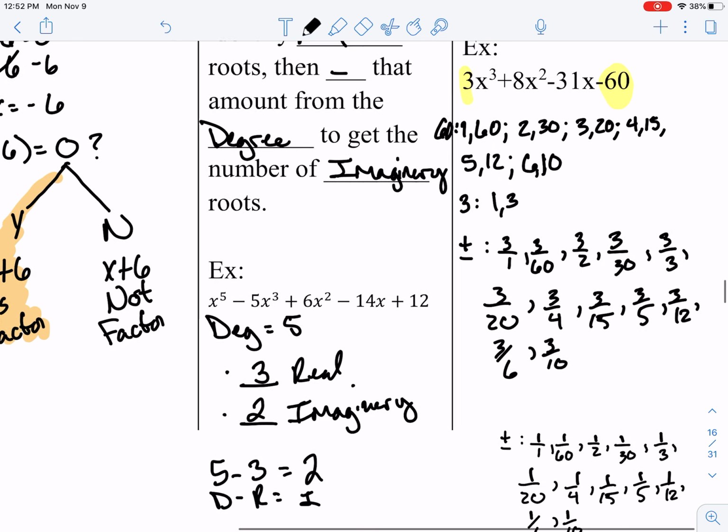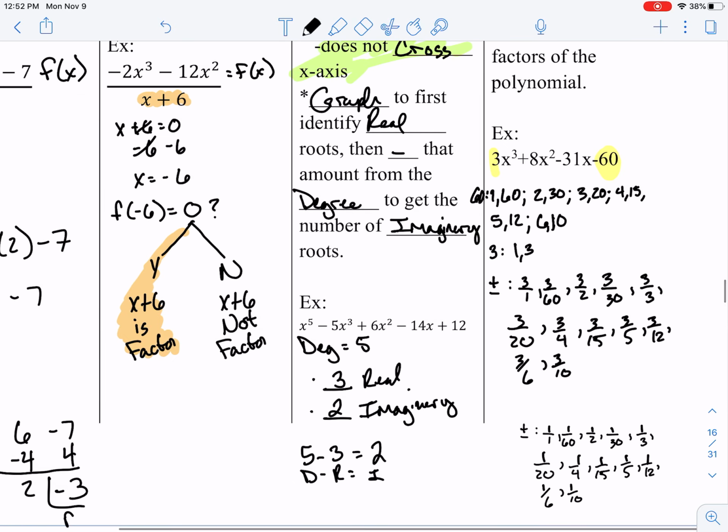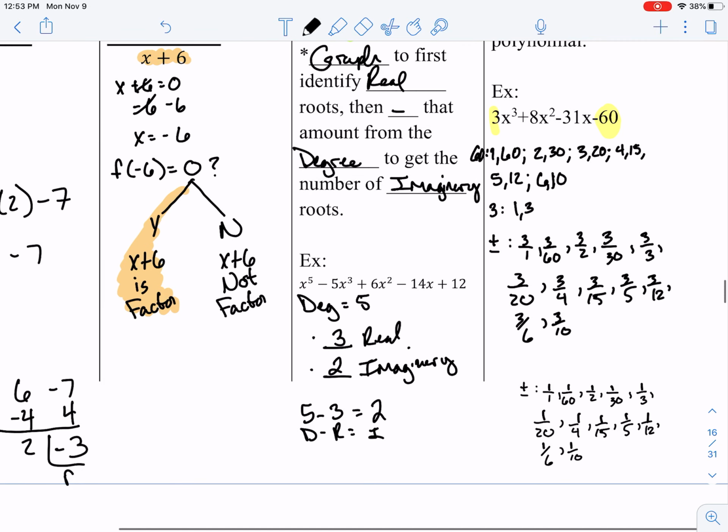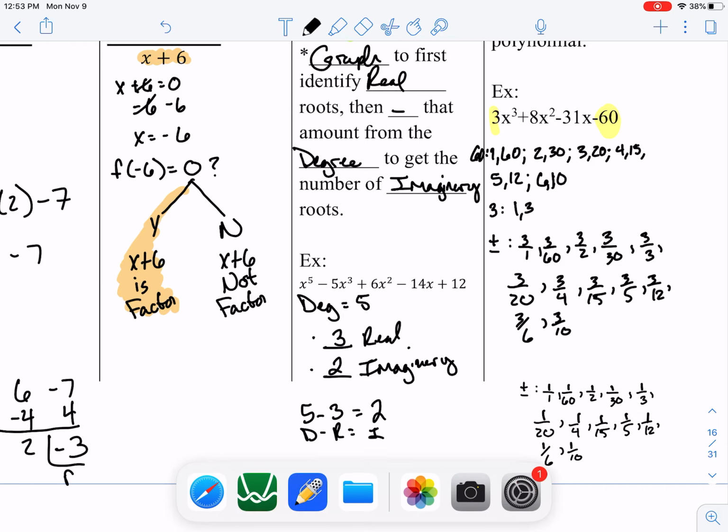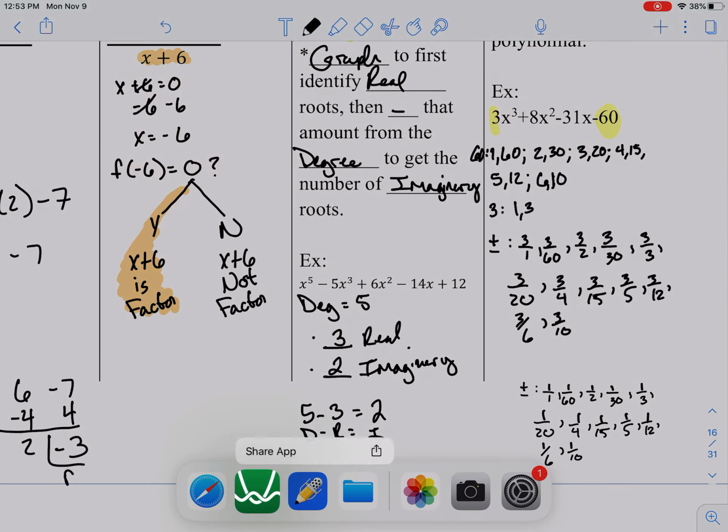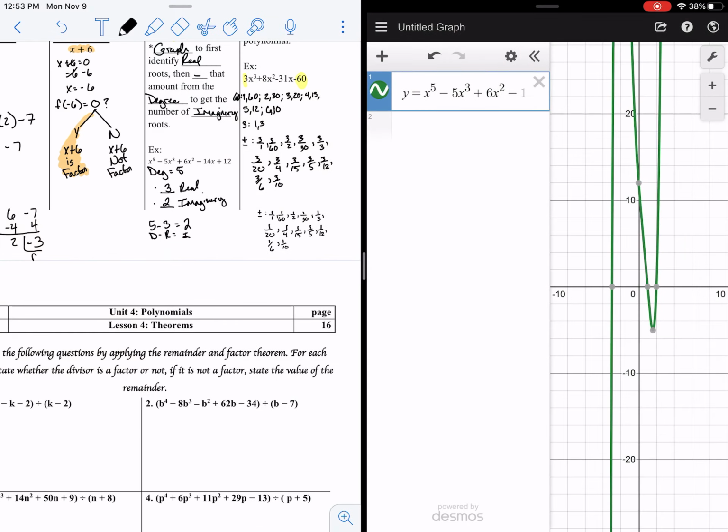All right, so all of these are the possibilities, and then what you can do is test them by using the remainder theorem. And remember to use the remainder theorem.